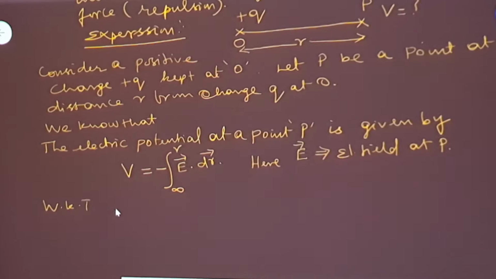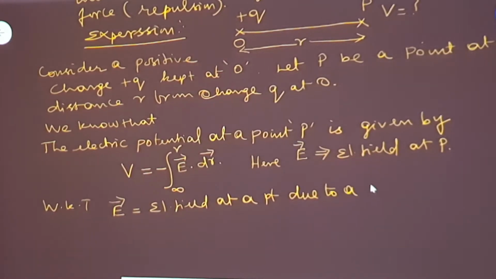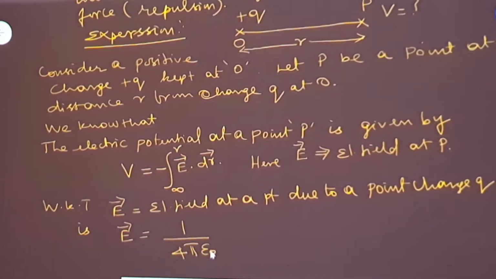So we know that electrical field E vector at a point due to a point charge Q is given by E vector is equal to 1 divided by 4 pi epsilon 0 Q divided by R square into R cap.